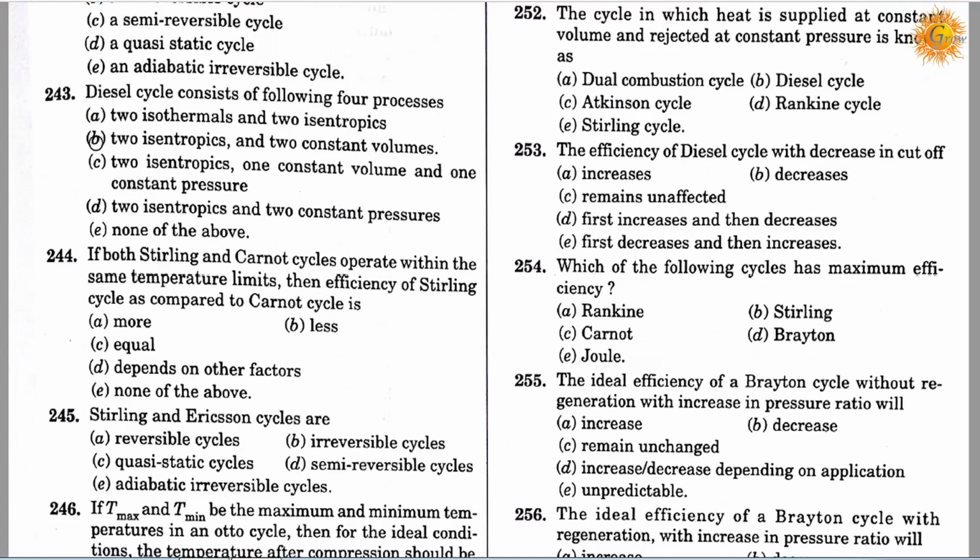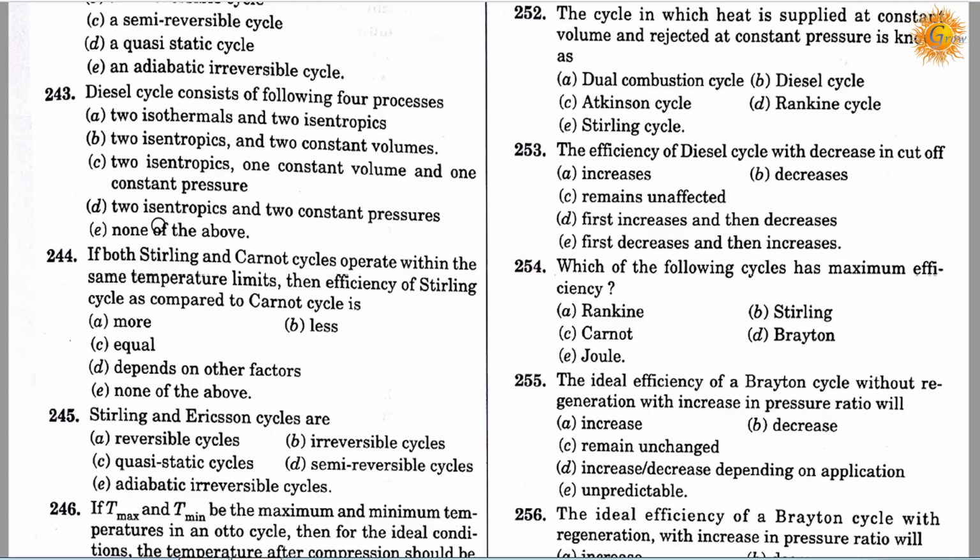Question number 243. Diesel cycle consists of the following four processes. Option A, 2 isothermals and 2 isentropics. Option B, 2 isentropics and 2 constant volumes. Option C, 2 isentropics, 1 constant volume and 1 constant pressure.